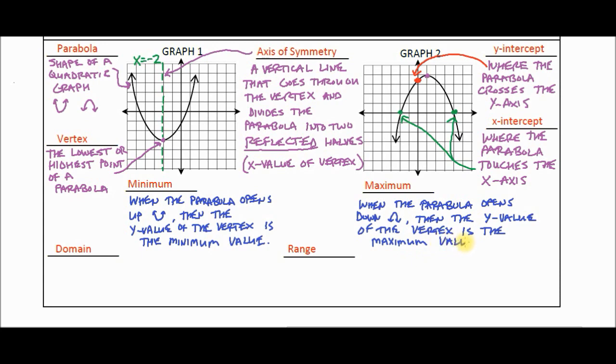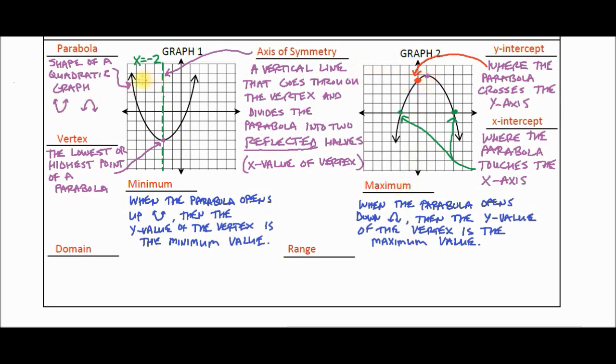Think about these in real life. If this was a graph of the height of, let's say, a football we threw in the air over time, the vertex would be the maximum height of that football. The y value at the vertex would be the maximum.